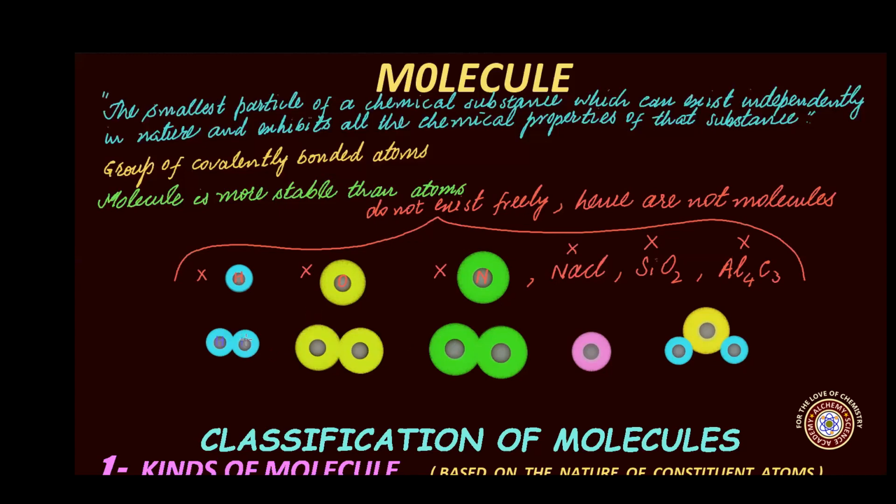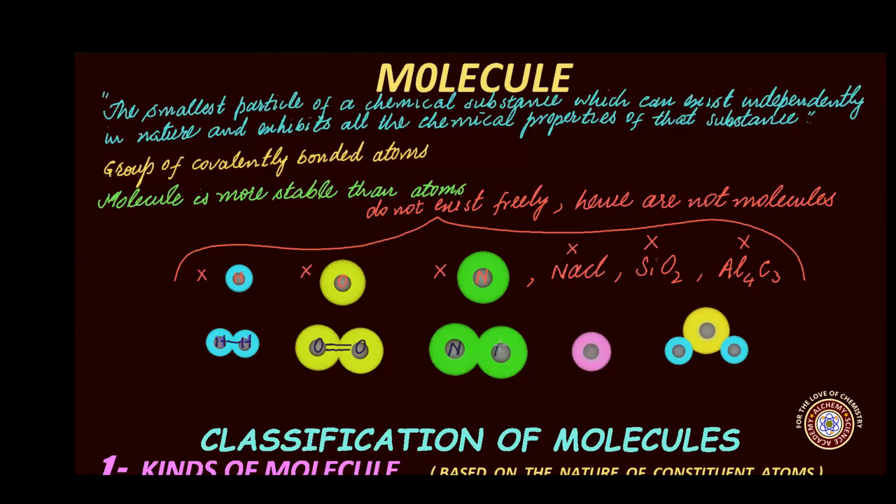For example, this particle is a hydrogen molecule. It consists of two hydrogen atoms which are linked together by a single covalent bond. This is the oxygen molecule. In oxygen, both oxygen atoms are held together by a double covalent bond.